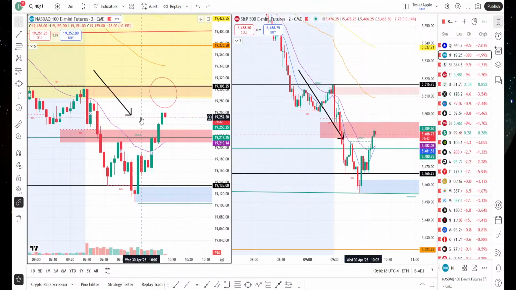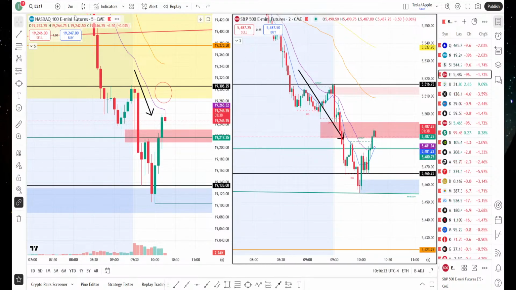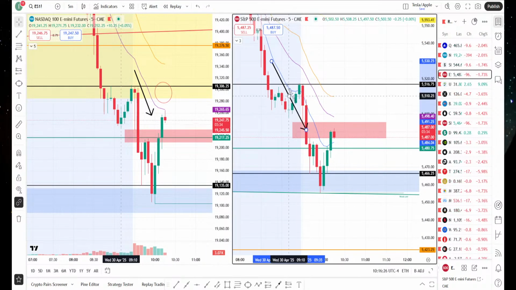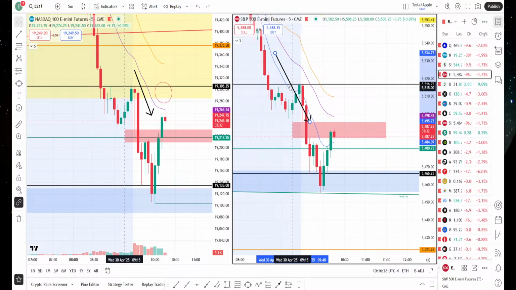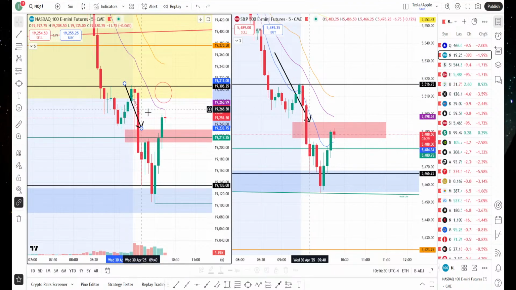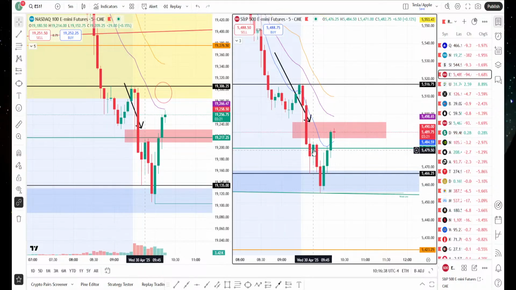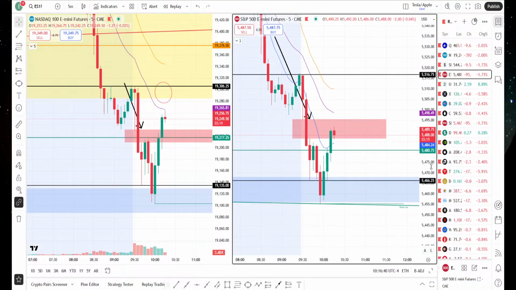It barely pulled back. And if you look on the 5-minute, it didn't get into our fair value gap. That's that red box I just drew there. The ES didn't even touch it.